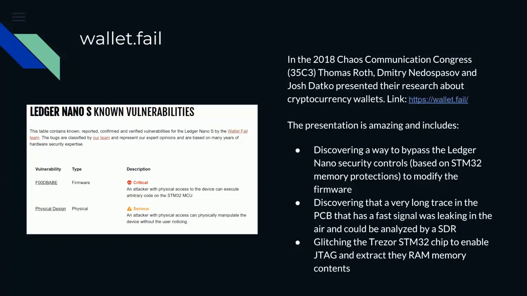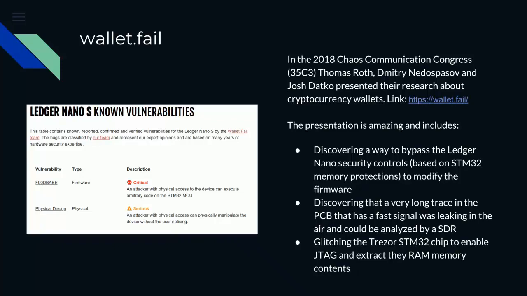That was a very good attack. Another attack on the Trezor, not the Ledger, that is another vendor. They had JTAG disabled on that specific device, but by doing a glitching attack against the STM32, they were able to enable JTAG. So please go check it out. That's an amazing talk, what they did there.